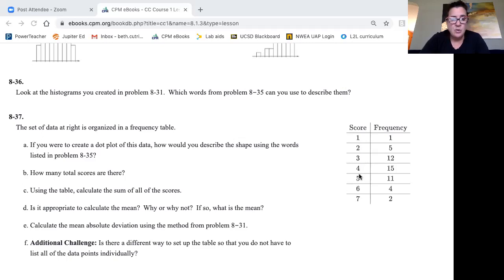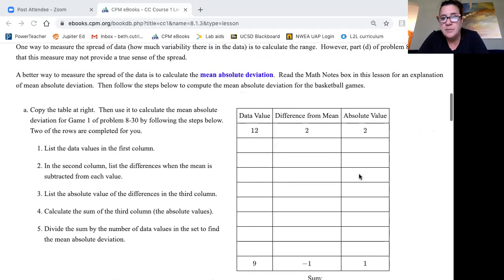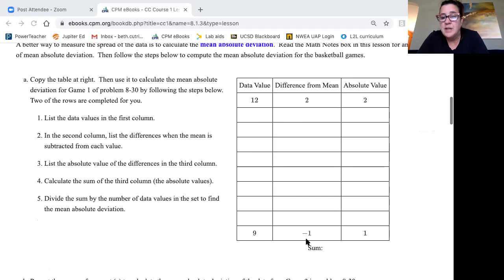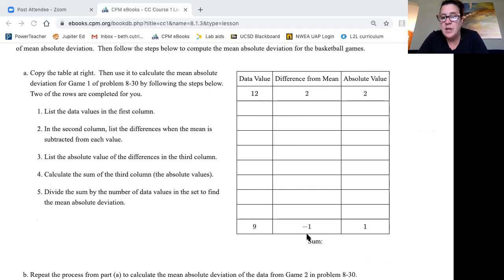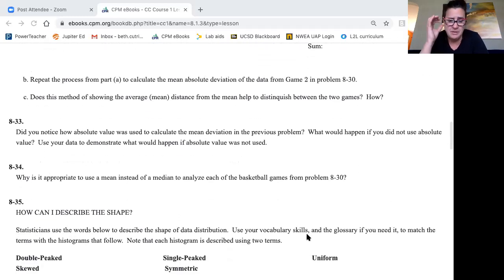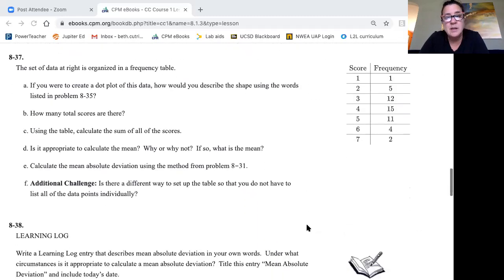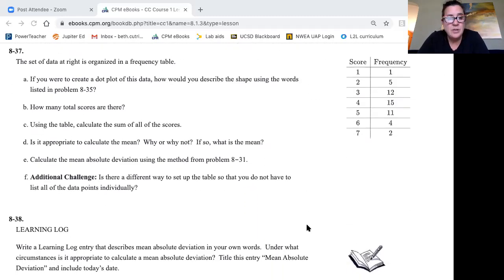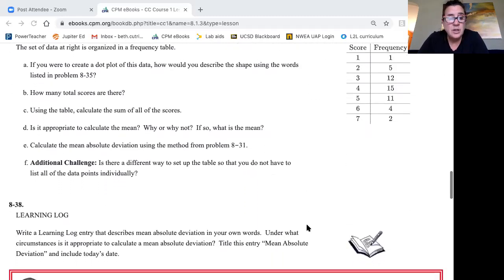And then you're going to add them all up, like in this column, the difference. And the difference from the mean is going to end up with negatives and positives. So in the end, you'll probably end up with something close to the number 1 for the mean absolute deviation. If that makes sense. Okay, you don't have to do the additional challenge when you get to the learning log.